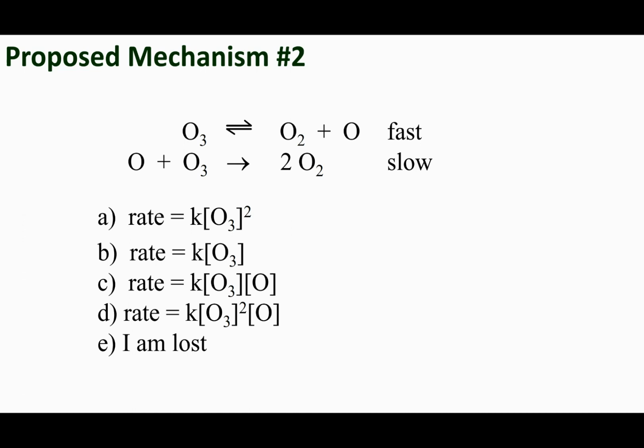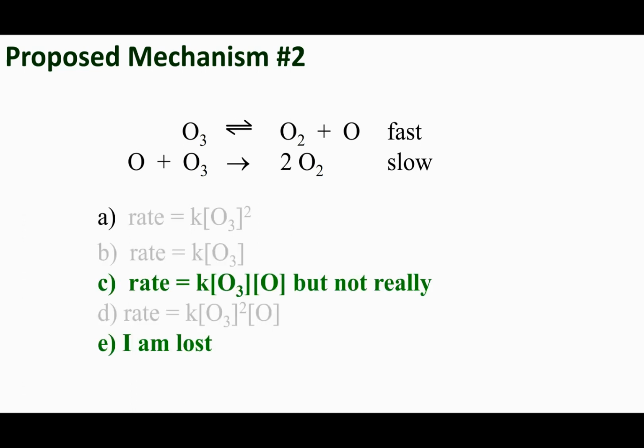All right, so in this one, I was a bit of a jerk. And what you guys could have seen is that this is what you would have written down. But technically speaking, I did not give you a correct answer. So you should have put, I am lost.